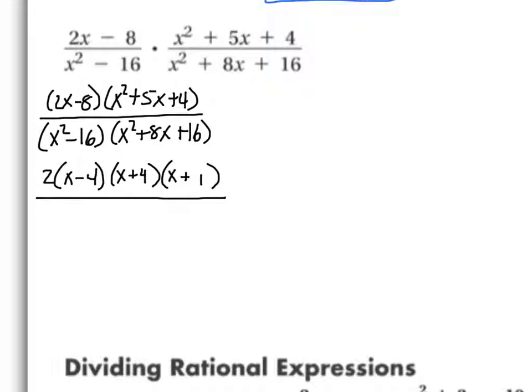How does that guy factor? Yep, x plus 4 and x minus 4. And now we have that last trinomial. How does that factor? Yep. X plus 4 and x plus 4.